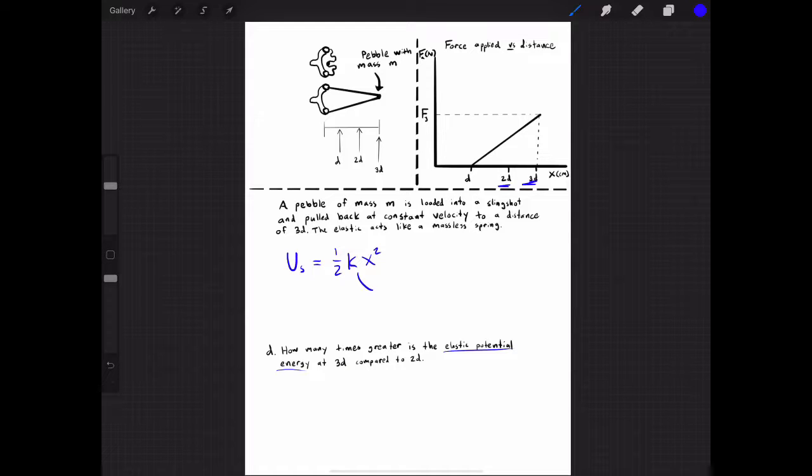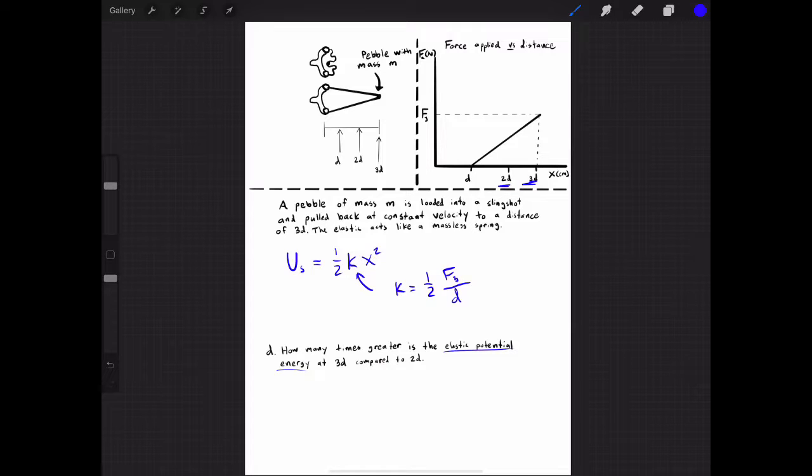Now K, we got that value from our previous part, and that's equal to 1/2 times F3 all over D.